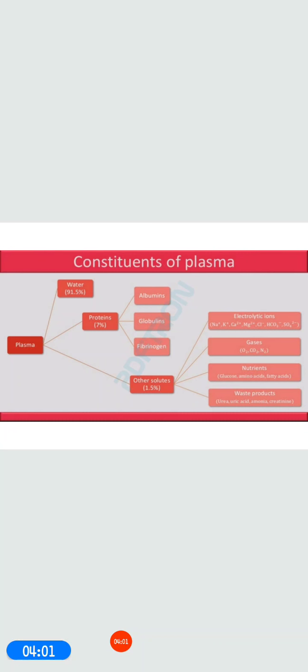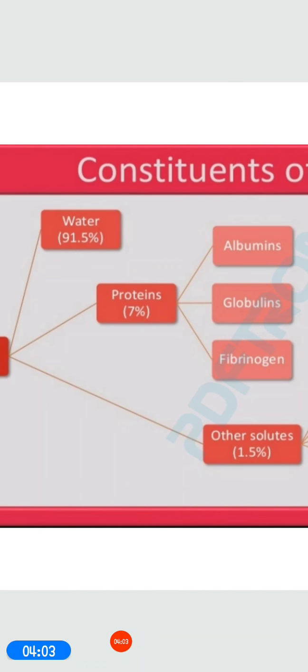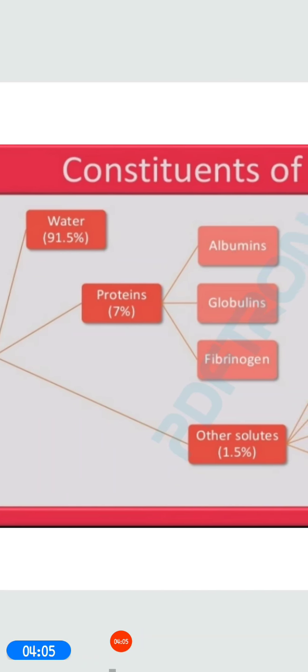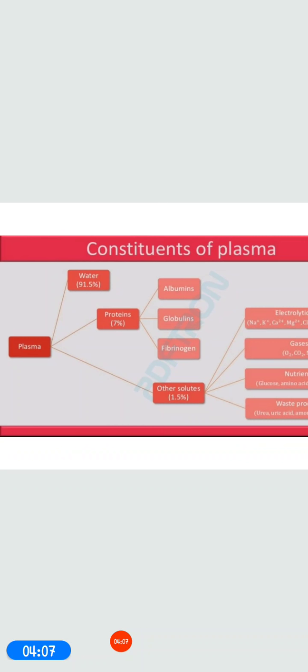Plasma constituents are water, protein, and other solutes. Water is 91.5%, protein is 7%, and other solutes are 1.5%.